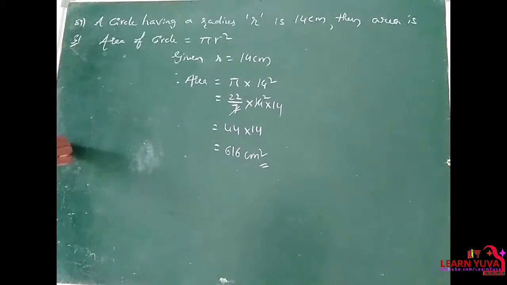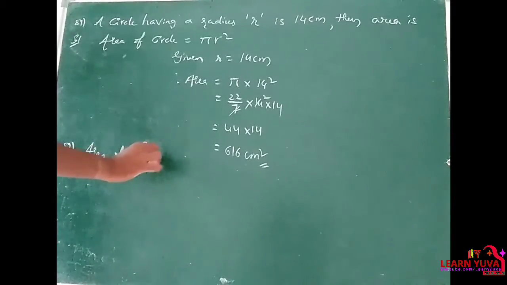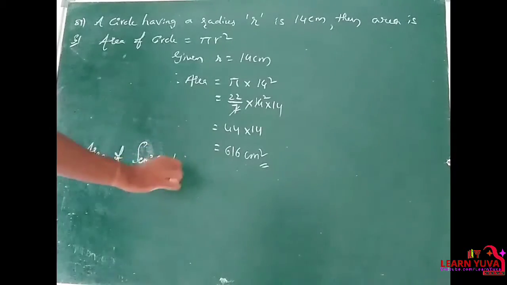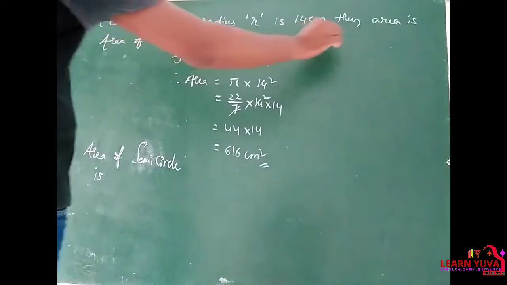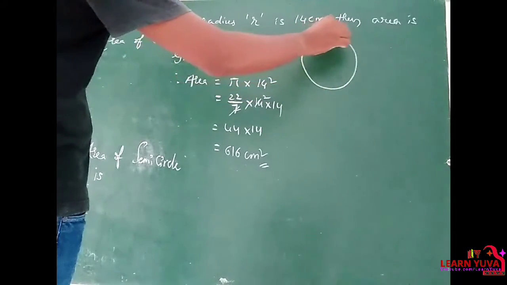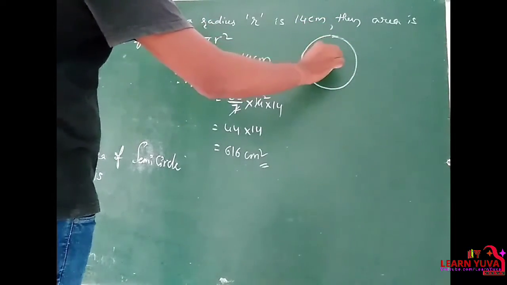Next 82. For the same radius, area of semicircle is, semi means it is a full circle having the radius r.